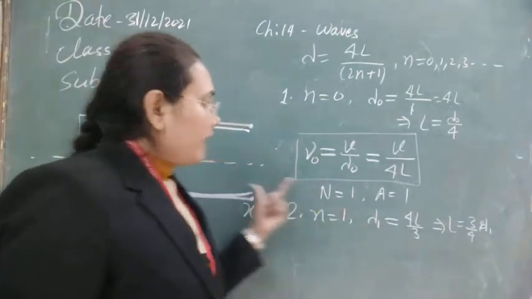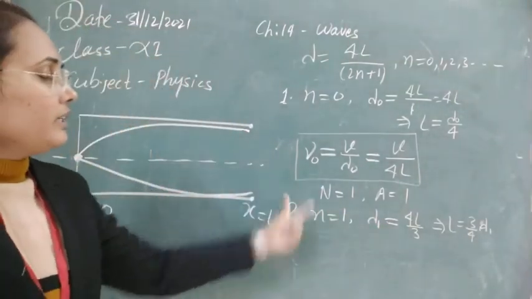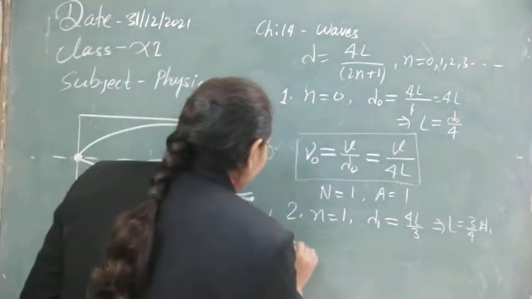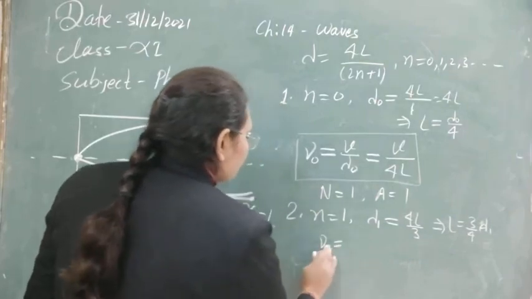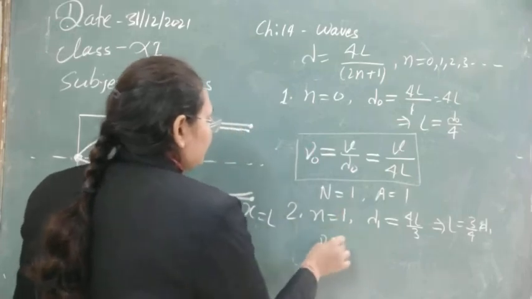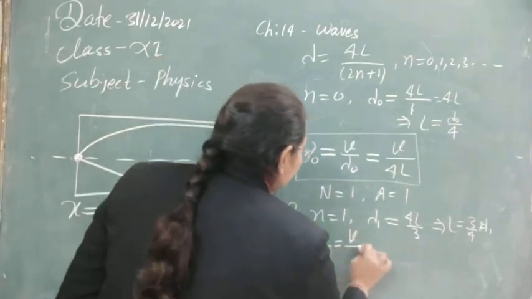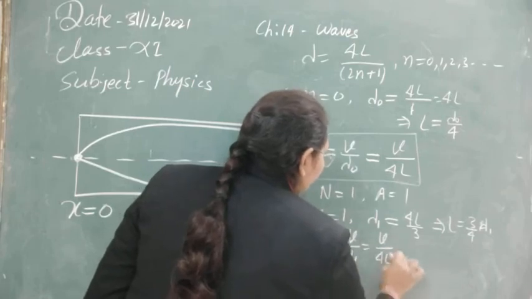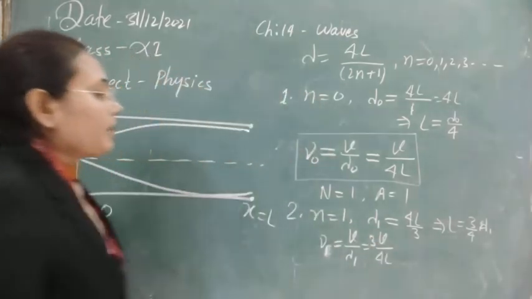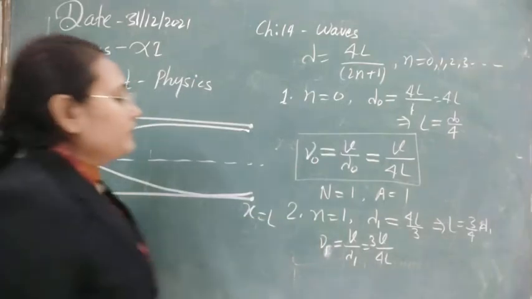Let's make the diagram for that also, but before that let's calculate the frequency. The frequency of vibrations will be nu 1, because n is equal to 1, that is v upon lambda 1. Lambda 1 has value 4L by 3, so we can also convert it in terms of nu 0.